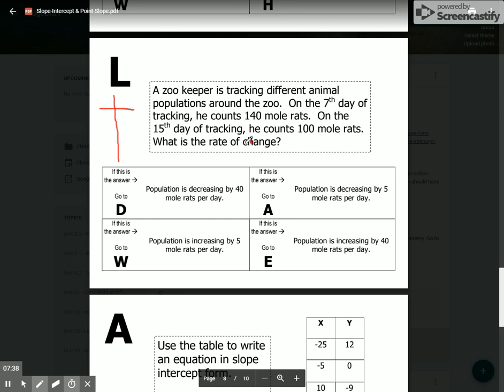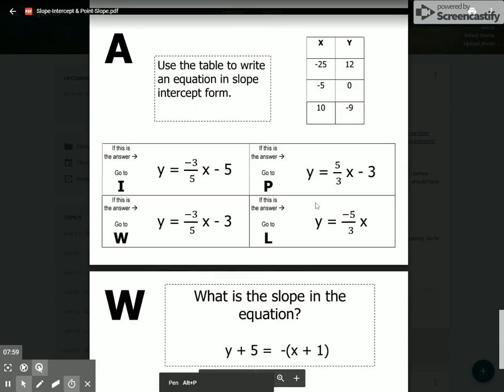Days are not going to stop because mole rats are doing something different, so days would be our x. So 7, and then 15, and then you would put the values they give you for these, and then you could figure out your rate of change, your slope, your delta y over delta x.